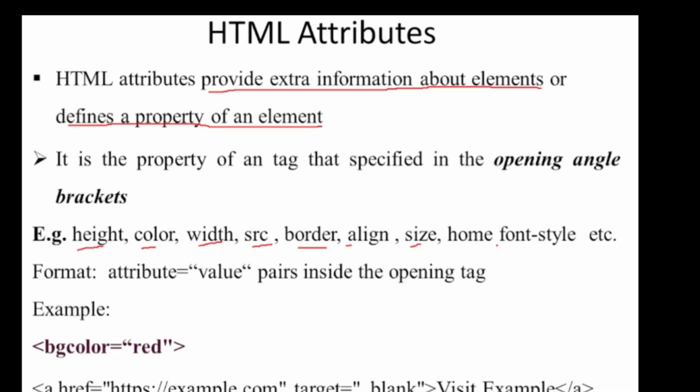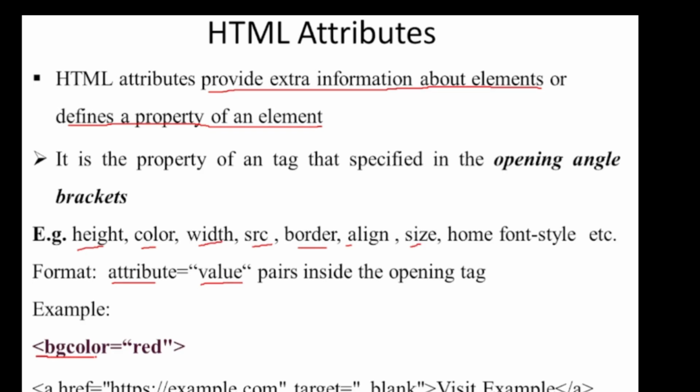They define how the elements will be displayed or look like. But the format of these attributes, you can see the format. Look, attribute is value. You have to keep like this one.